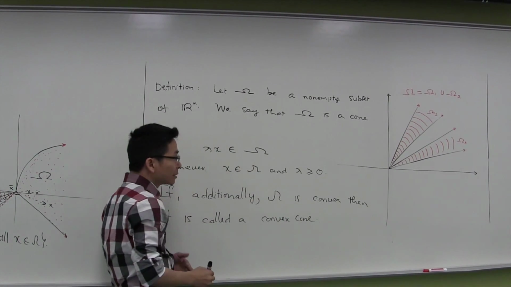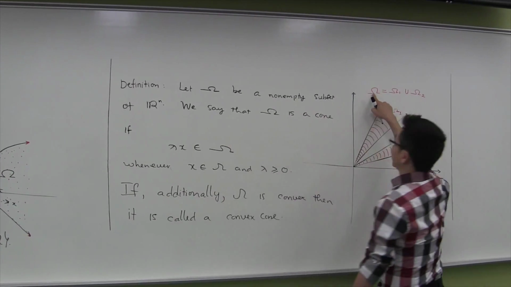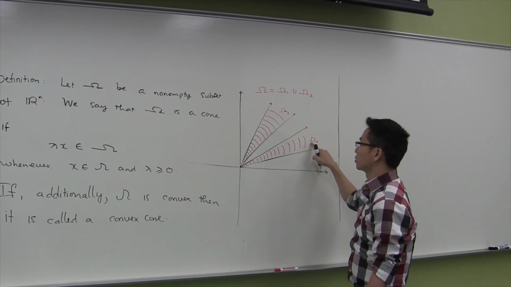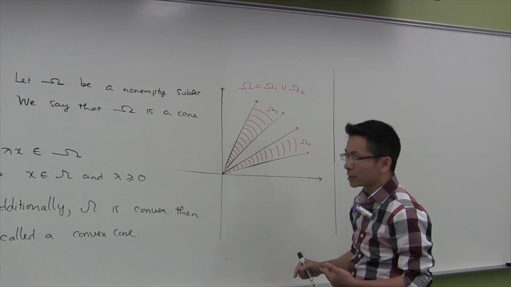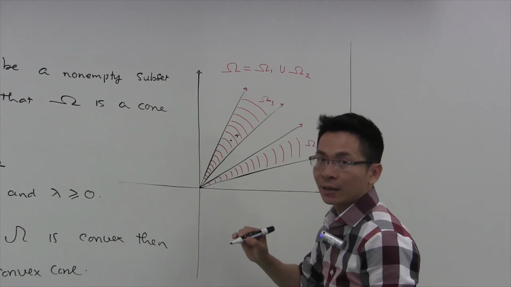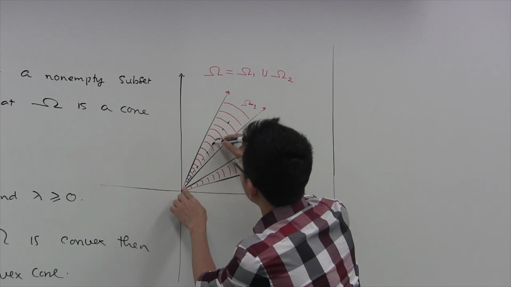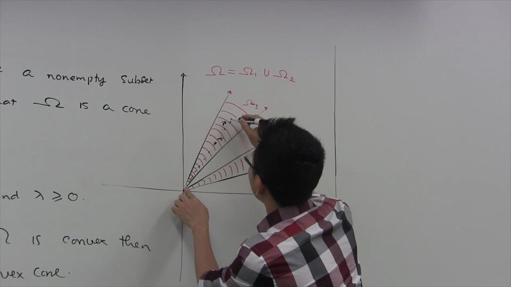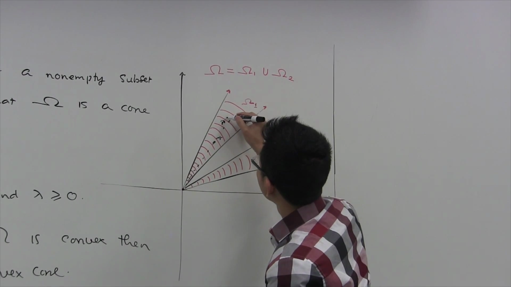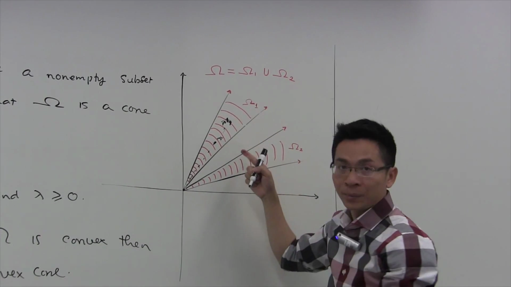Now here is an example. The set omega in this example is the union of omega 1 and omega 2. Notice that if we take any x in the set omega, then whenever we multiply x by a non-negative constant lambda, the new vector lambda x is still in the set omega.